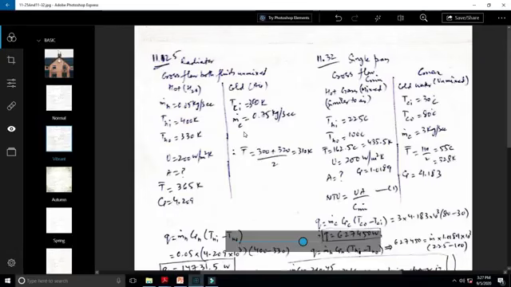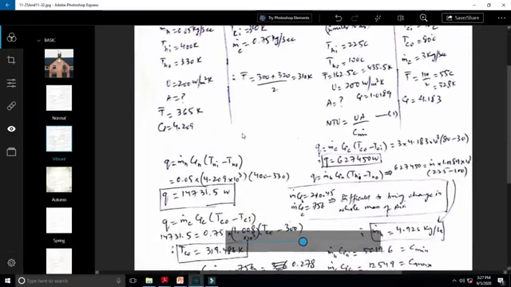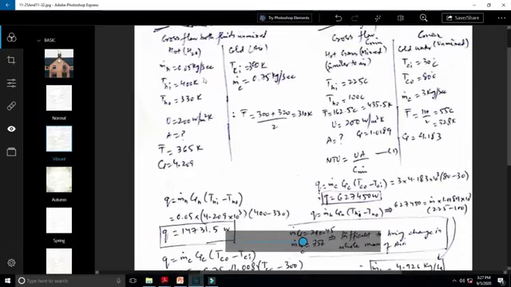So we would not be able to calculate LMTD. However, we can always calculate Q with the help of m Cp delta T applied on the hot fluid side. So it would be mass flow rate times Cp of hot fluid times THin minus THout, as discussed in the previous problem of 11-22.